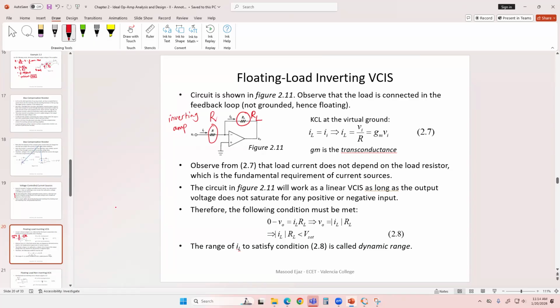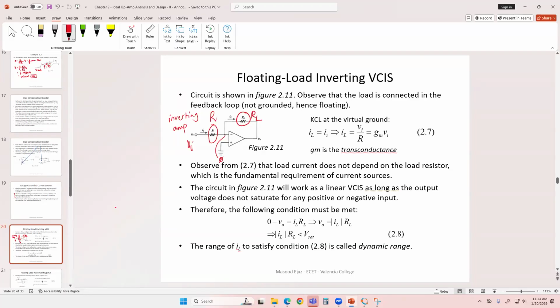So this current II is equal to IL. IL is equal to II, and IL will be equal to V input over R. V input over R, because this is a virtual ground, so it is 0 volts here.